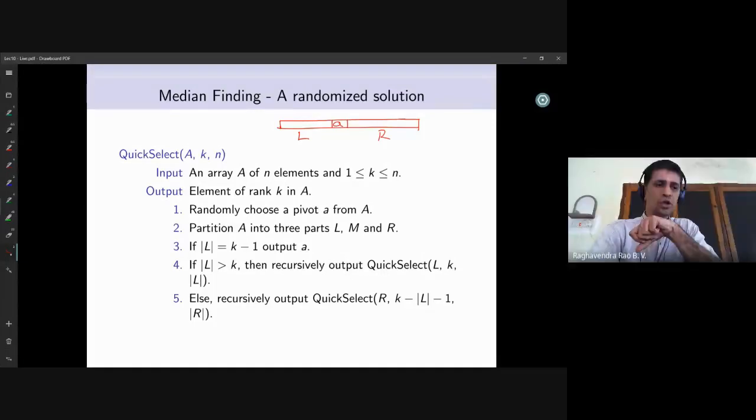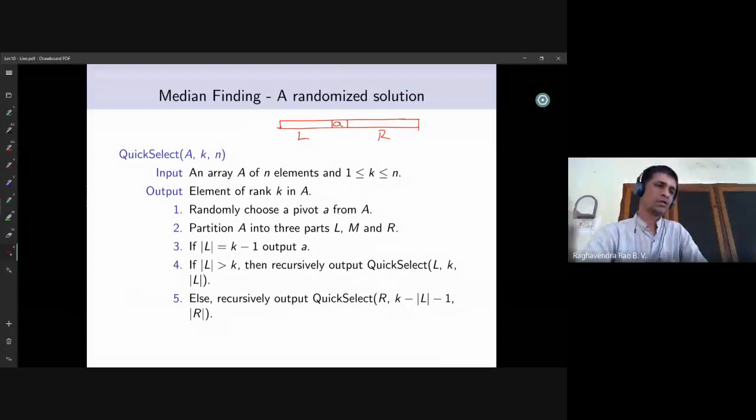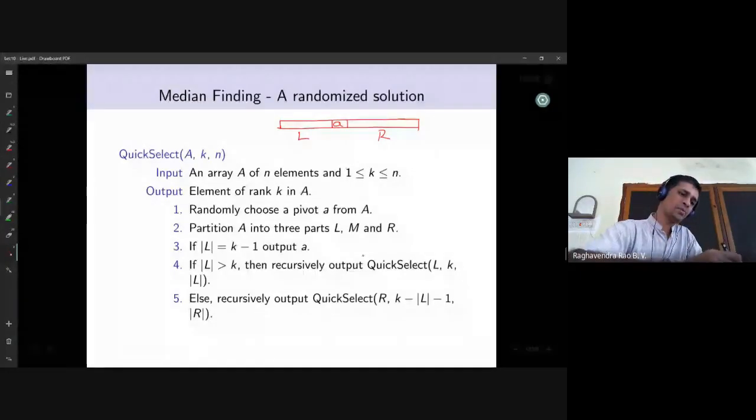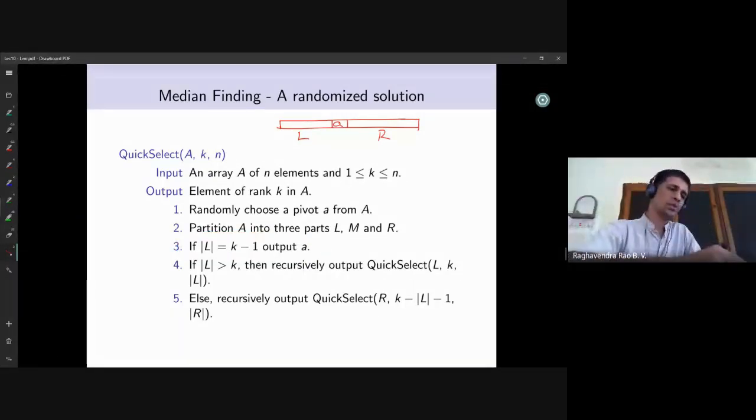Do you all agree? Yes, the kth smallest element must be A. So you just check if the size of L is k minus 1, then output A.